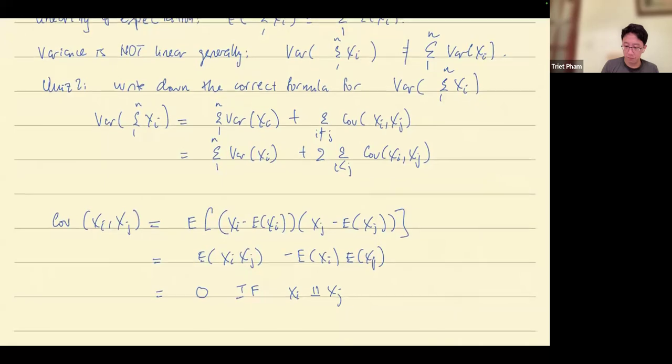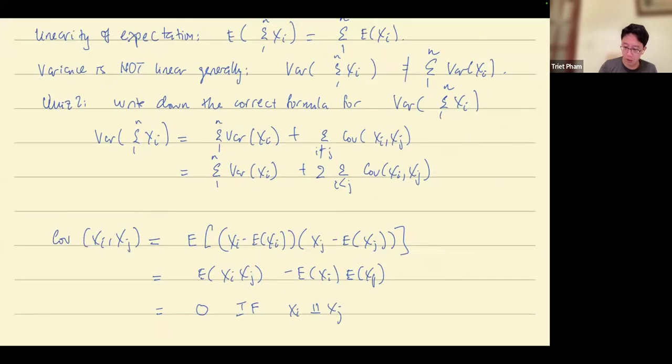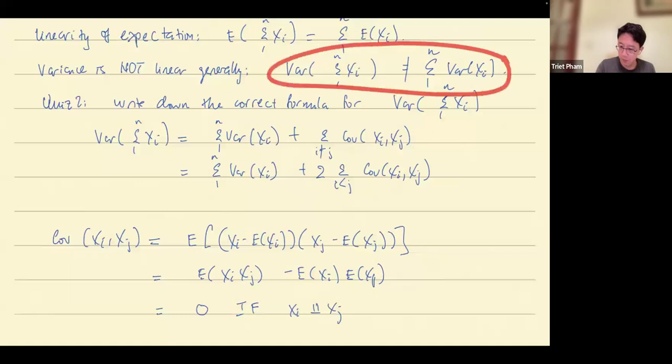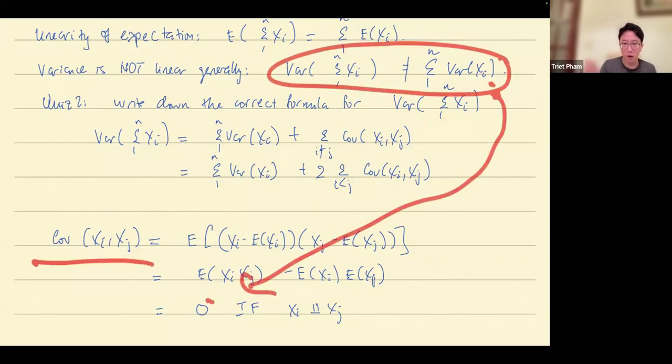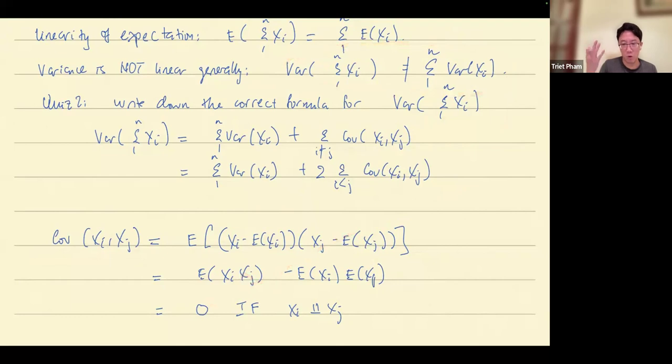And so you see the variance of a sum is equal to the sum of the variances plus the covariances. So it's equal to a sum only, technically speaking, when the random variables have zero correlation.